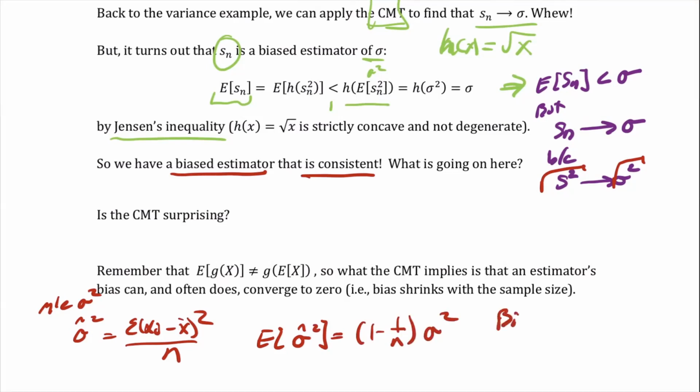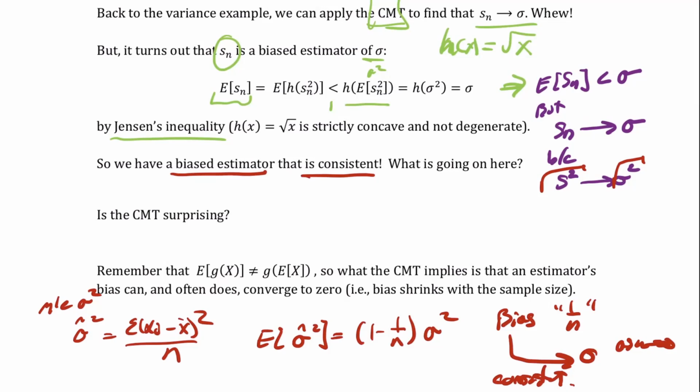So there is some bias, and that's the 1 over n, but the bias goes to 0 as n goes to infinity. So this thing is consistent. We end up at the right place, even though there's a little bias.